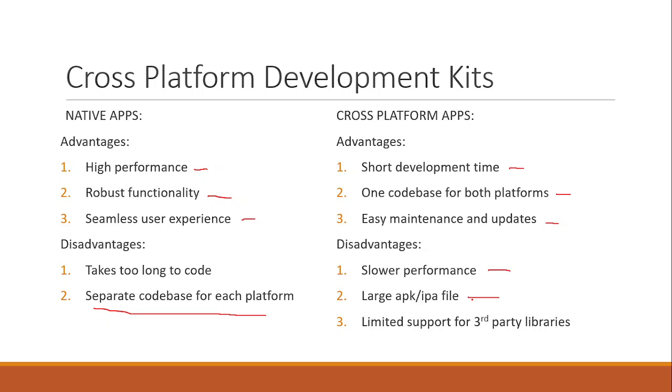So large na siya kay gin-include niya pa ang libraries for the JavaScript, or the Xamarin, or for Flutter is the Dart. And then limited support for third-party library. So although limited siya, kay compared ta sa library support sa native nga application, so mas damo gini. Mas damo ga develop sa native application.